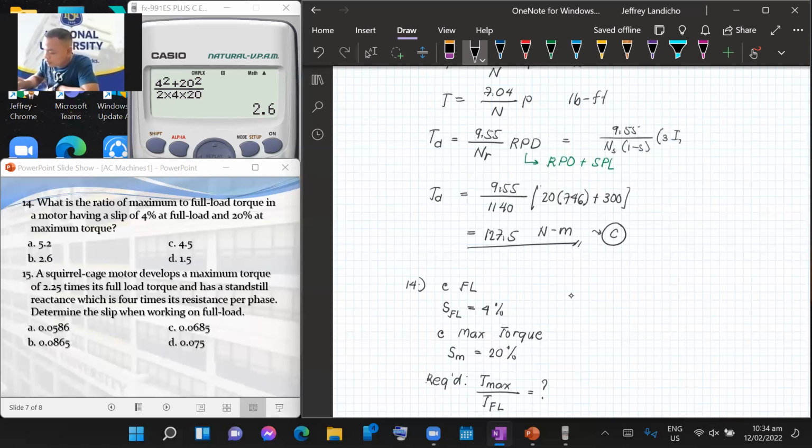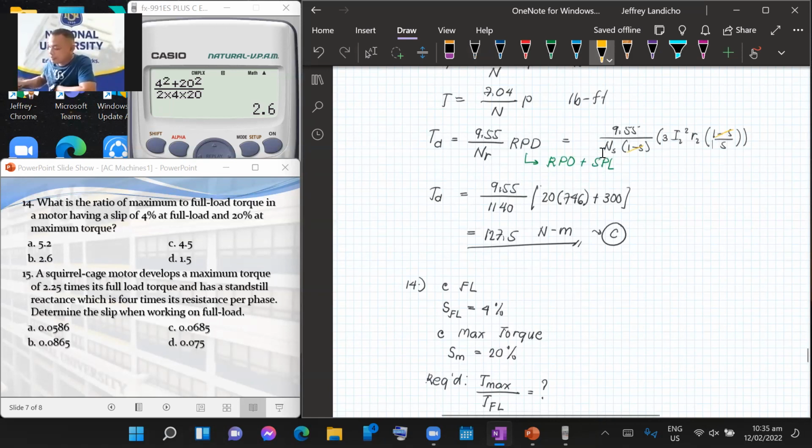RTD is 3, I2 is squared, R2 multiplied kanino? 1 minus S over S. Quantity is squared. So, pwede natin i-cancel ito at saka yun.